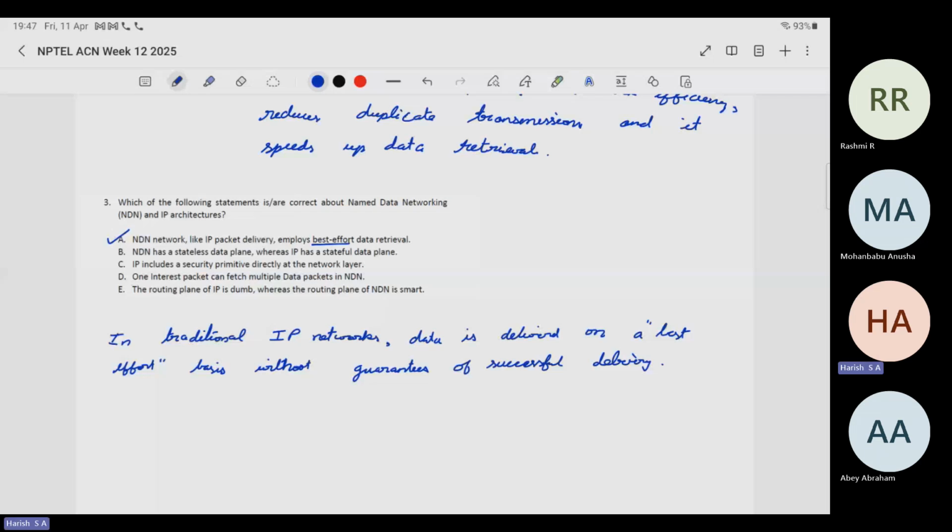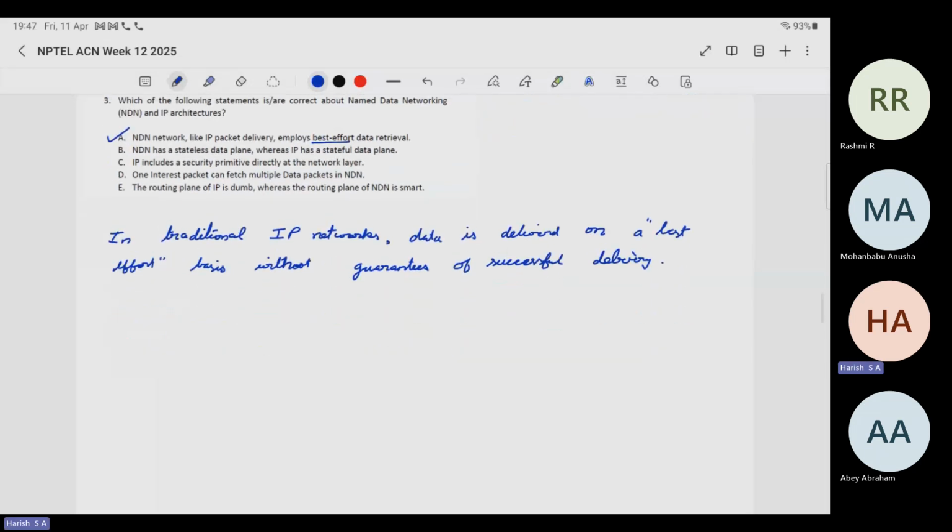And what is the paradigm of this hoping that it'll reach you in terms of protocols there? If in case it does not reach you in traditional IP networks, what is employed? It is something called retransmissions, right?